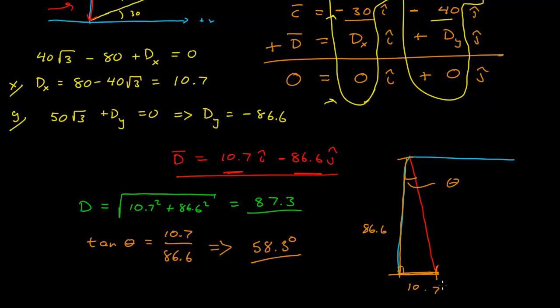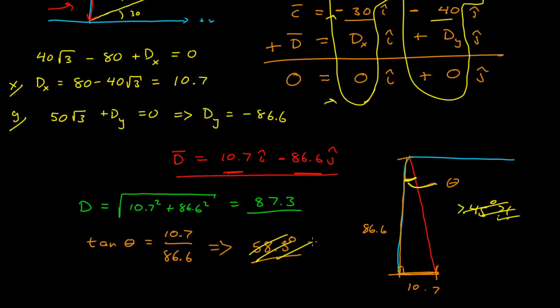I mean, we just noticed that this vector has a large y component compared to the x component. And so from this picture, how on earth could this angle right here be greater than 45 degrees? And the answer was it can't. That was just a calculator error.